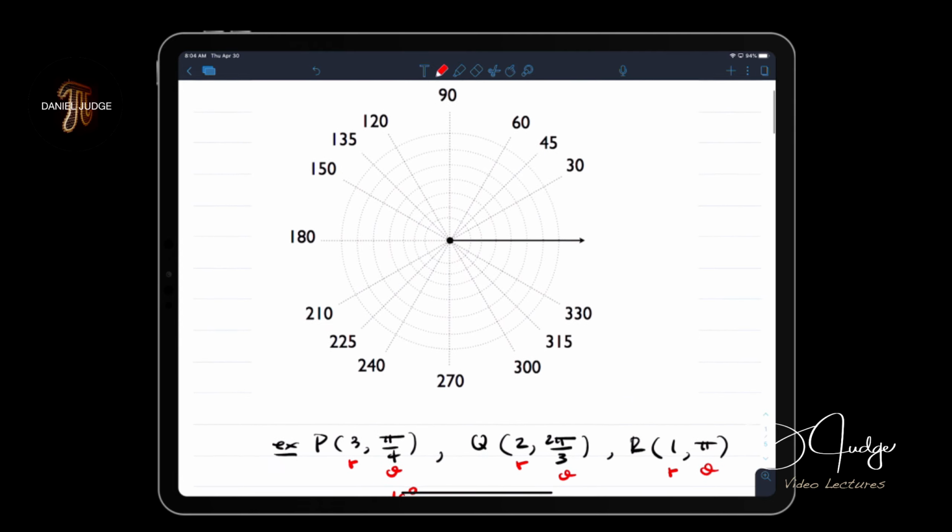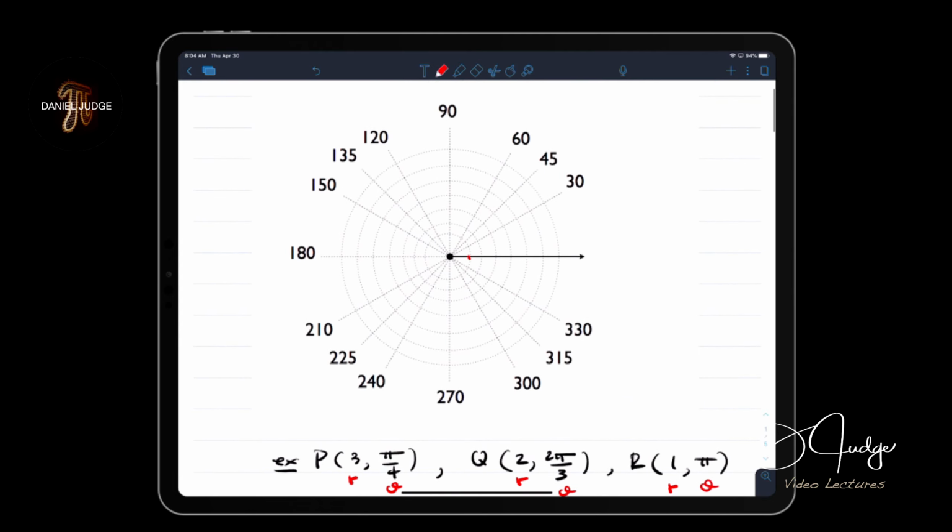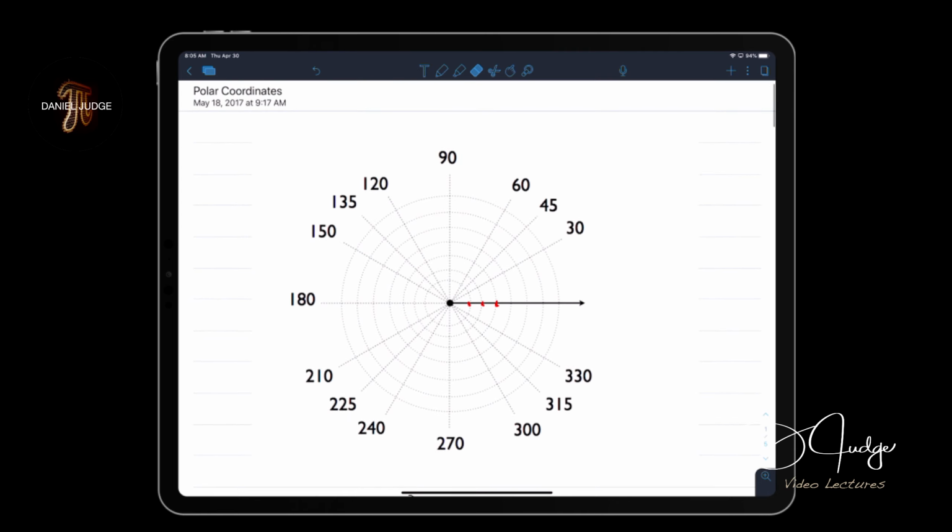So if I went out 1, 2, 3 units, I now have to rotate my ray 45 degrees. That's positive, so I go counterclockwise. And as you guys can see, I actually have the graph right here. Here's where 45 degrees would be.